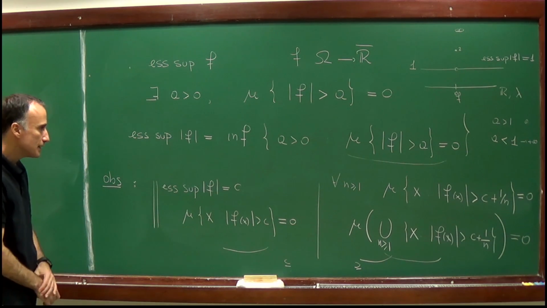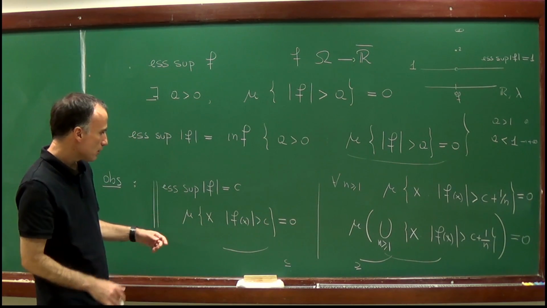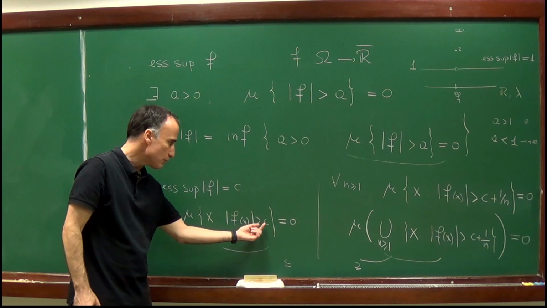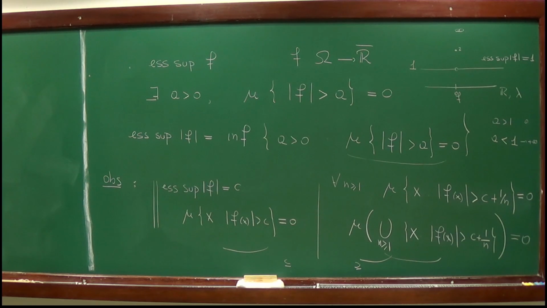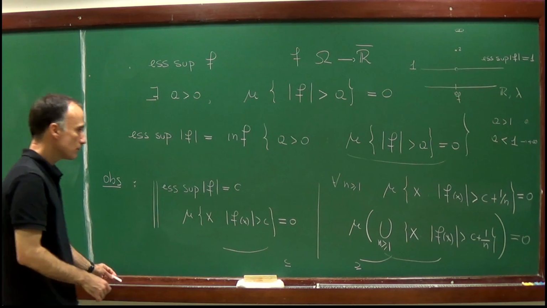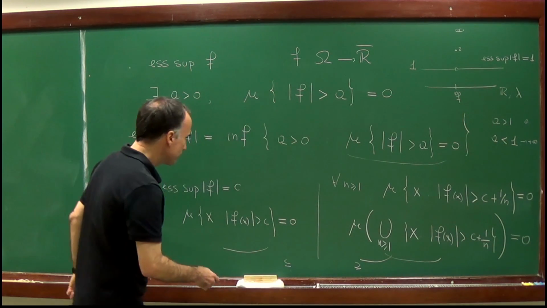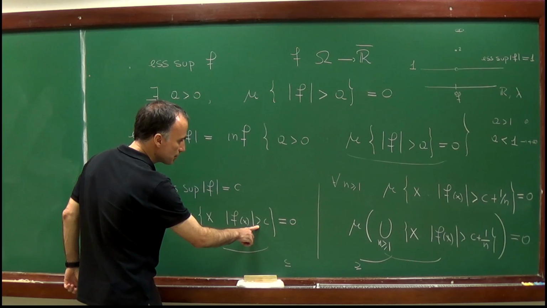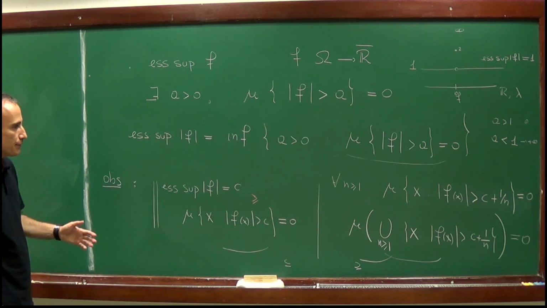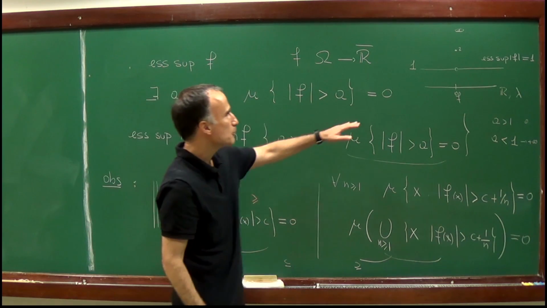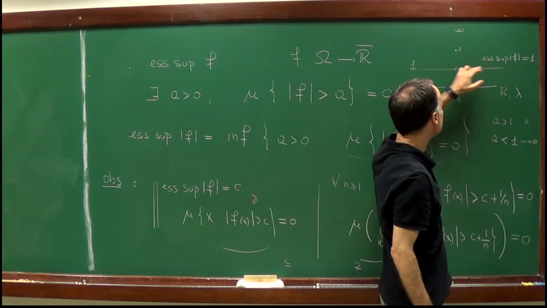We just proved that if you take the essential supremum of a function and consider all points for which f of x takes a value larger than this essential supremum, then this set has measure 0. Observe that if I change the strict inequality to an inequality, then it's not true anymore, and our example shows that, because we have seen that the essential supremum of this function is 1.